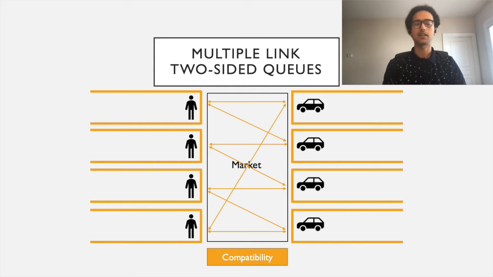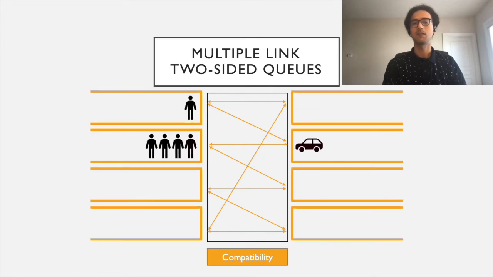The system operator can only match a customer server pair that are compatible with each other. Due to such a compatibility constraint, the decision to match a customer server pair becomes non-trivial. For instance, consider the following state of the system. The system operator can match the server waiting in Q2 to a customer in either Q2 or Q1.